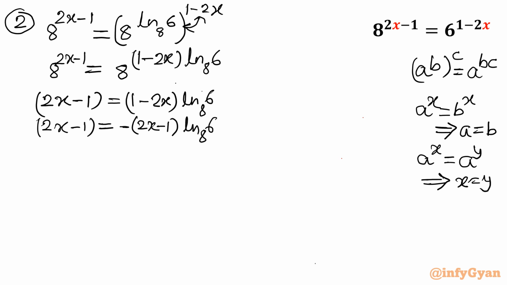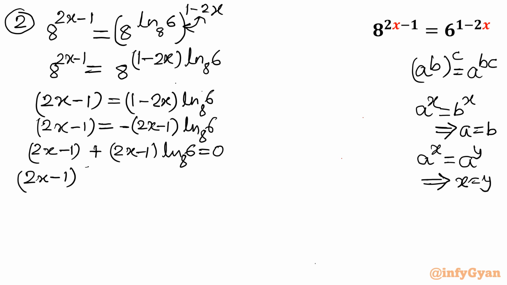Now take all the terms to the left side. So it will become 2x minus 1 plus (2x minus 1) ln 6 base 8 equal to 0. Now take 2x minus 1 common outside.